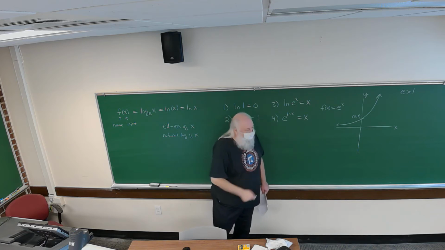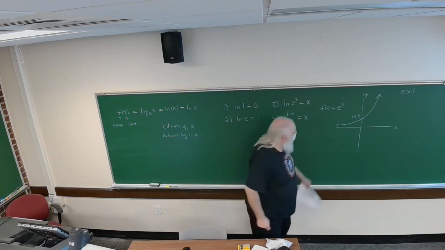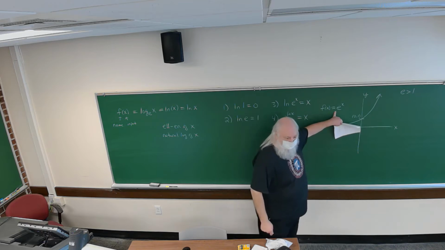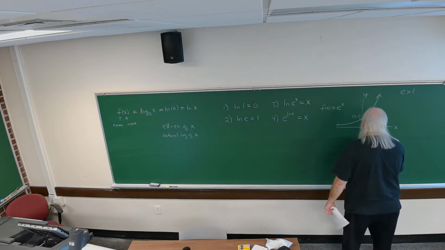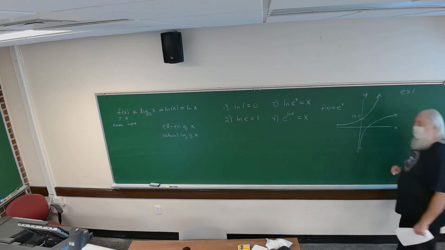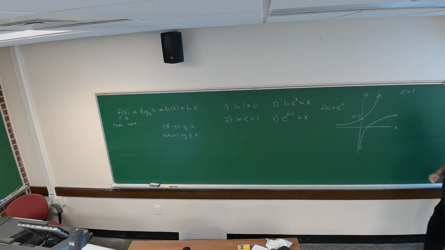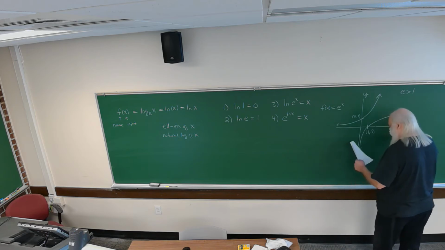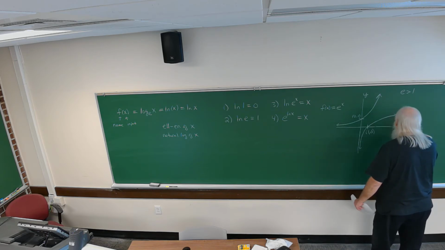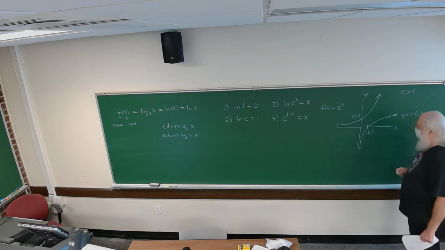So the graph of the natural log of x, which is the inverse function of e to the x, is going to look like that, where it crosses the x-axis at the point (1, 0). So this is the graph of g of x equals the natural log of x.